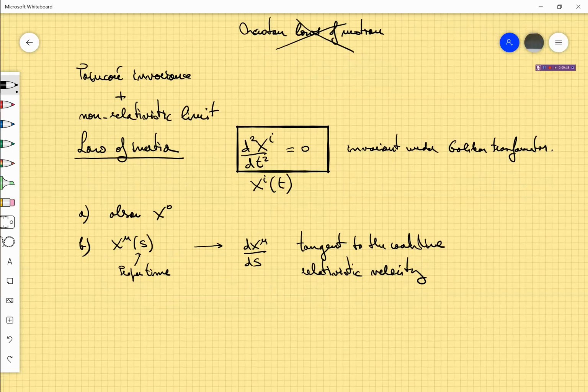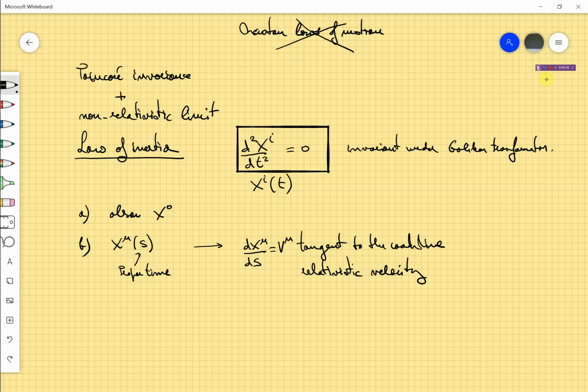These are the kind of objects that we want because they have good transformation properties. If this is a vector, after a Poincaré transformation you will get another vector with primes, because S is invariant. This is the property that the coordinate time does not have. So this would be the 4-velocity.